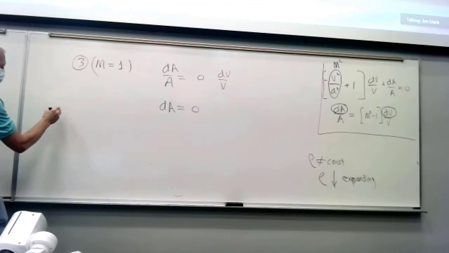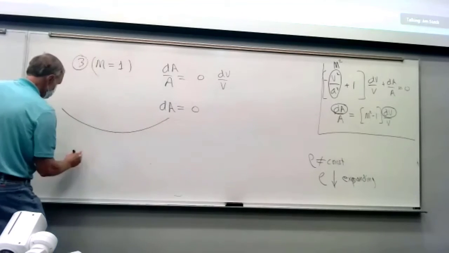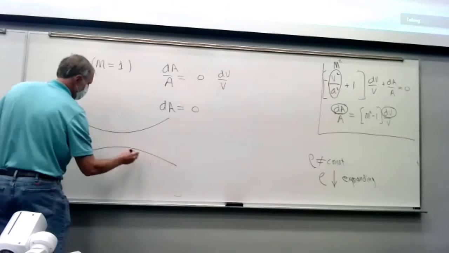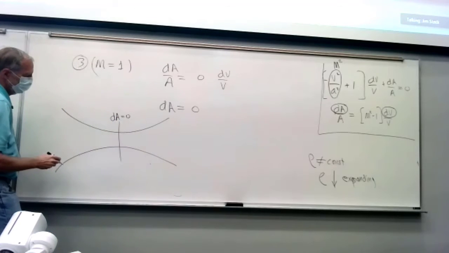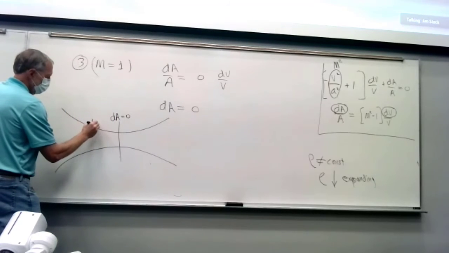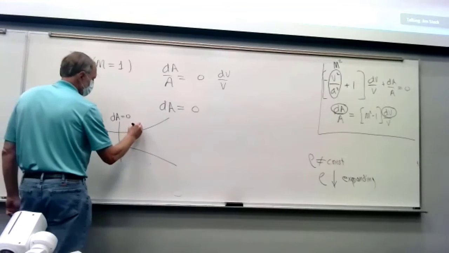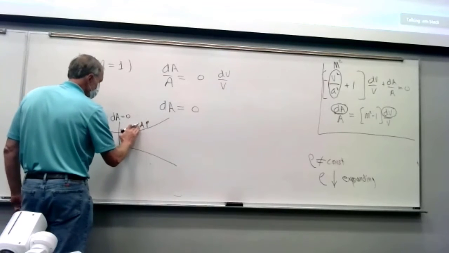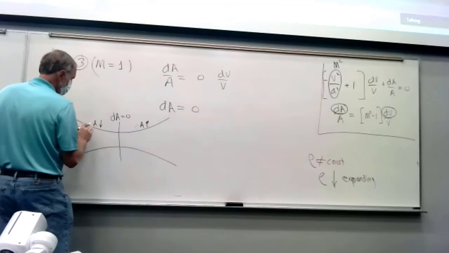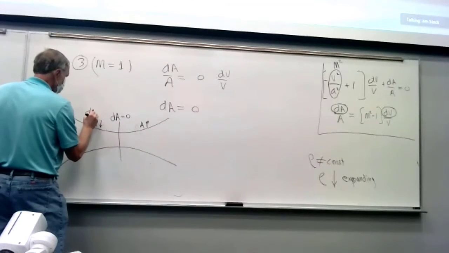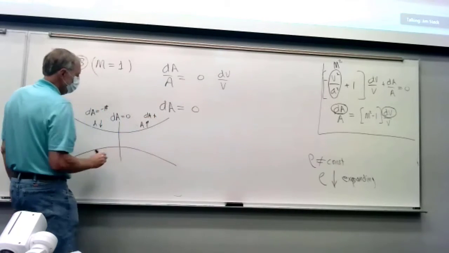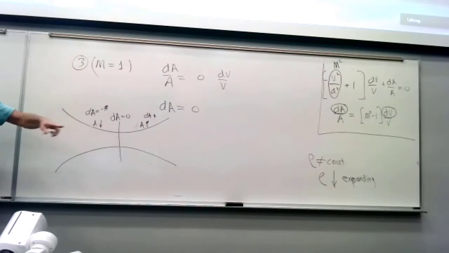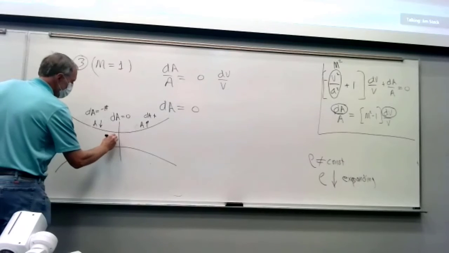So what that means is, if you're driving flow through a nozzle like this, right here in the middle is where dA is 0. Because here, A is going down, and here, A is going up, so dA is negative here and positive here, so it has to go through 0 at that middle point. And that's the throat, and it's only right here where you can get Mach 1.